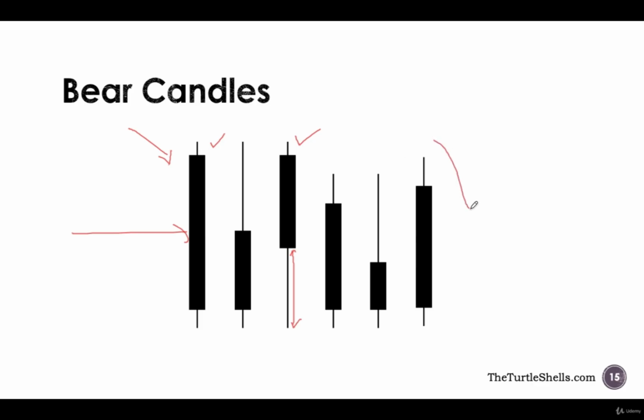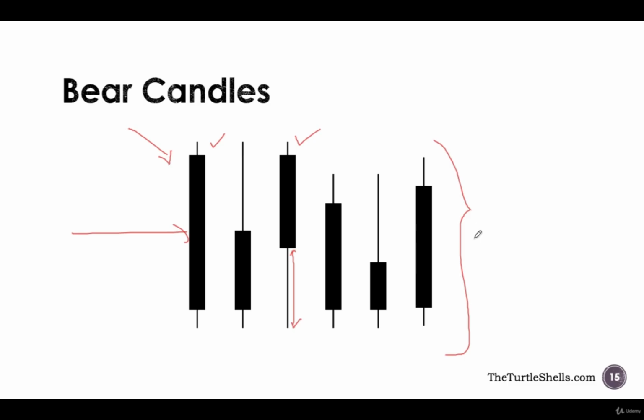So all of these are bear candles. On all of these days, the price has gone down, but there is a difference between the shapes of the real bodies of the candles. There is also a difference between the length of the upper shadows and the length of the lower shadows of these candles.